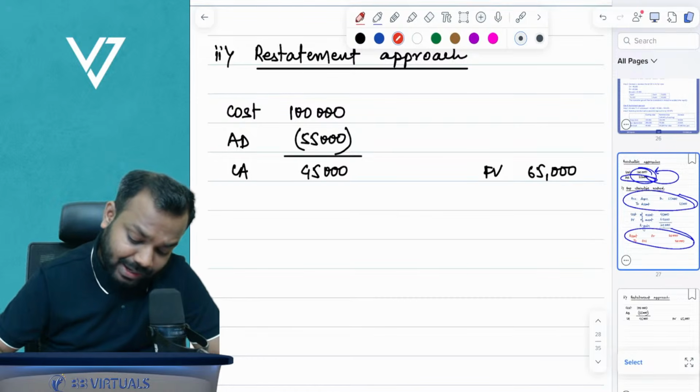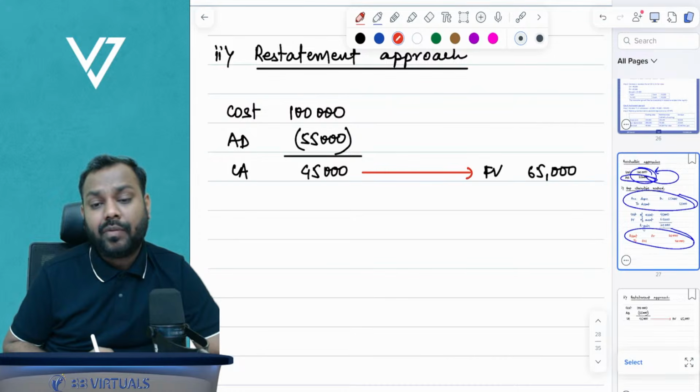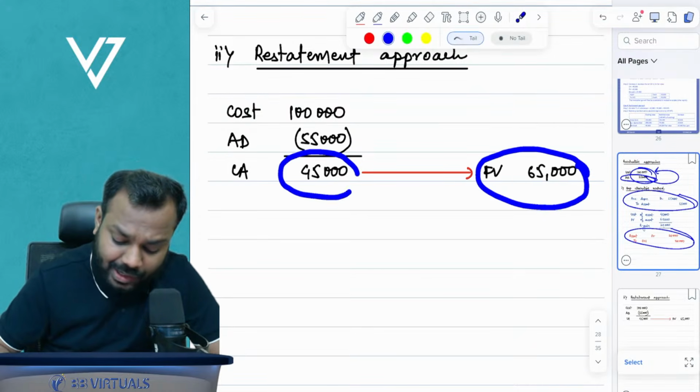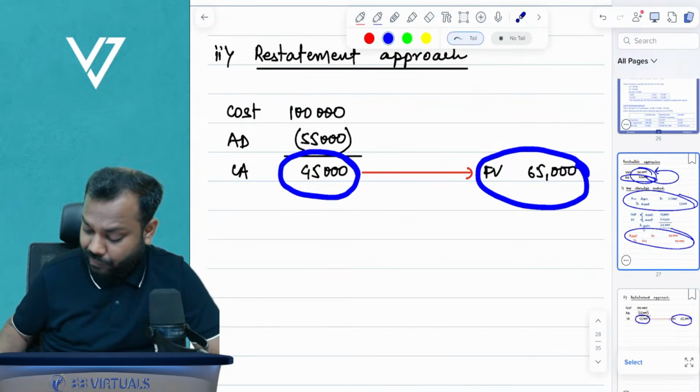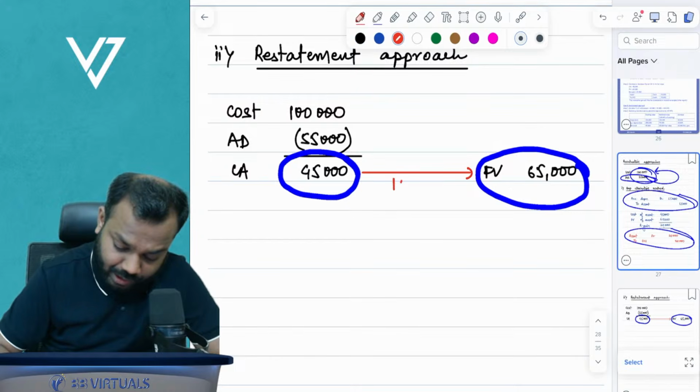So, what is the increase? You have to calculate the fair value as a percentage of the carrying amount. So what is the percentage? 65,000 divided by 45,000, that is 144%.